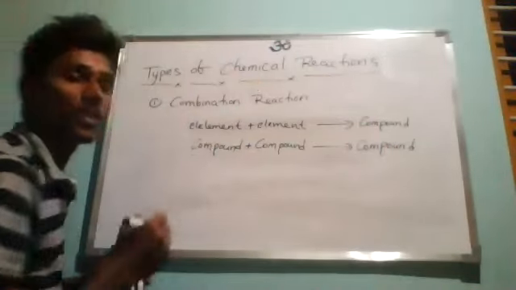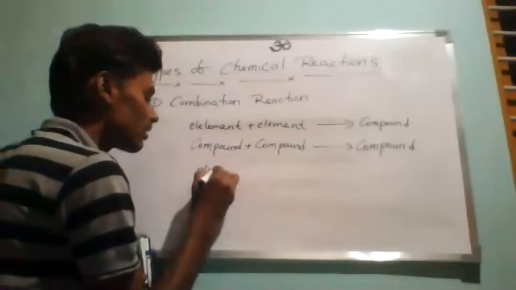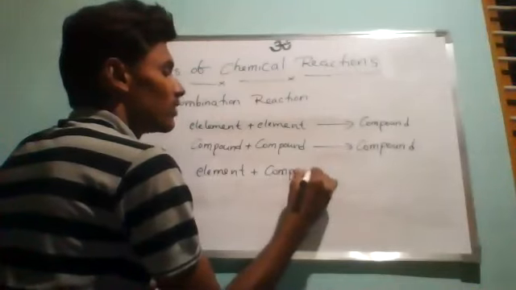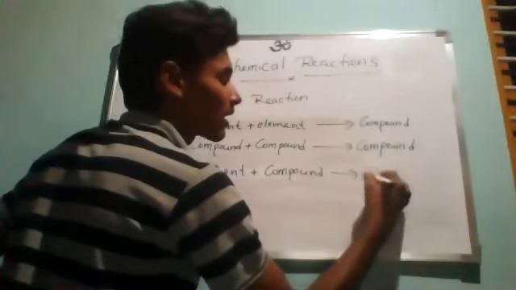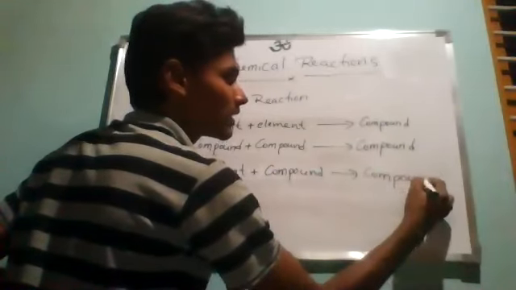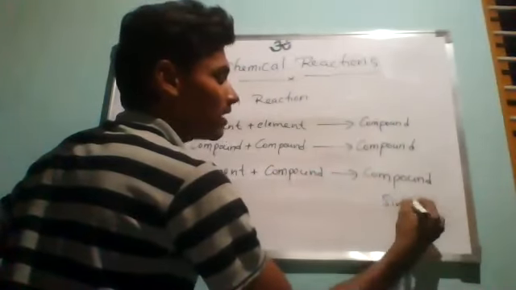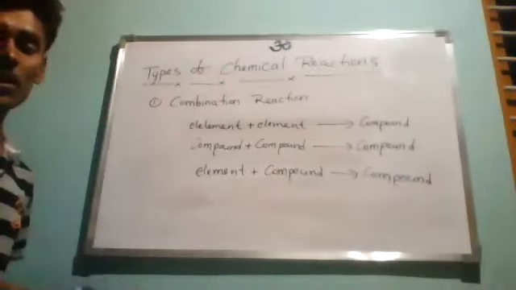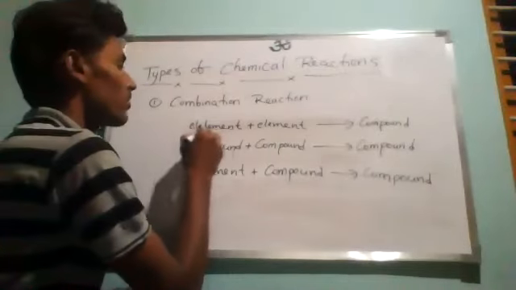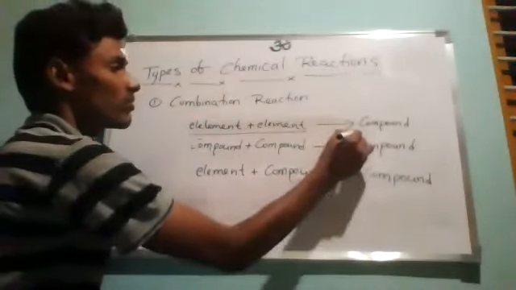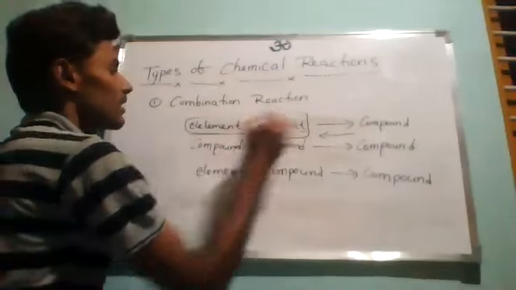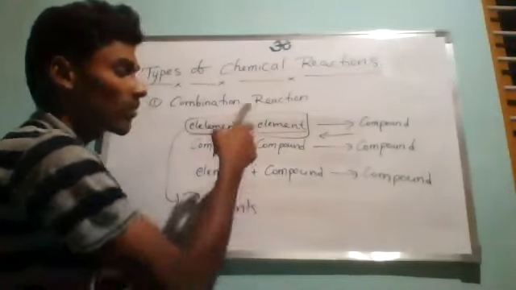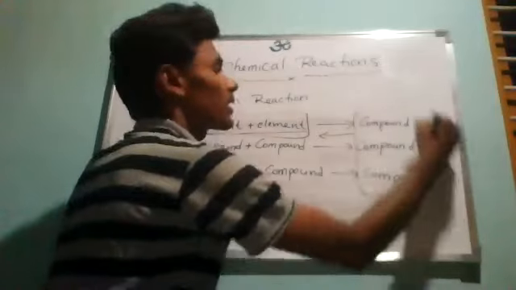The third type of combination reaction is one element and a compound reacting, and they form again only a single product. So whenever you see any kind of chemical reaction, check how many reactants there are, the things present before the arrow, and how many products are coming.